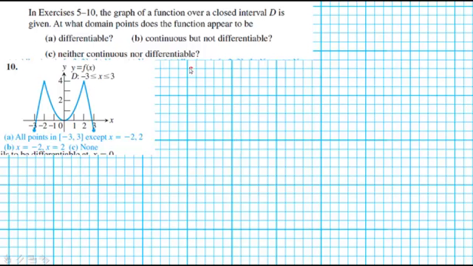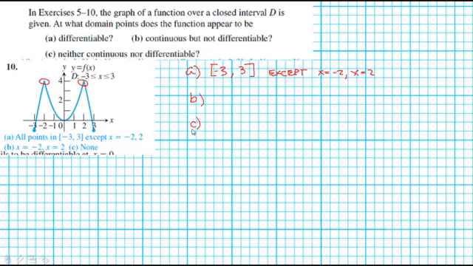Lastly, in problem 10, where are we differentiable? Well, it looks like we're differentiable on the entire interval from -3 to 3, except for these spots where we have these cusps, except for x equals -2 and x equals 2.